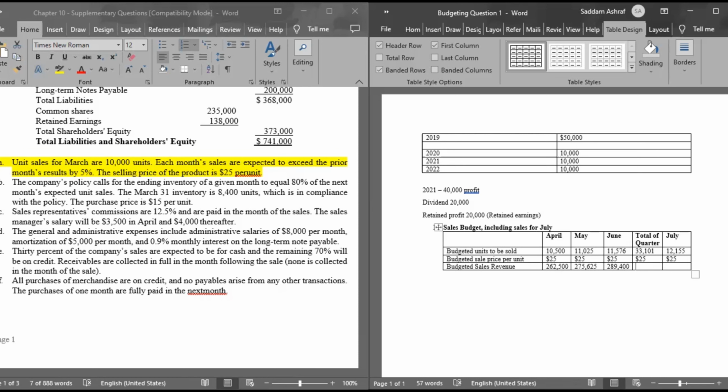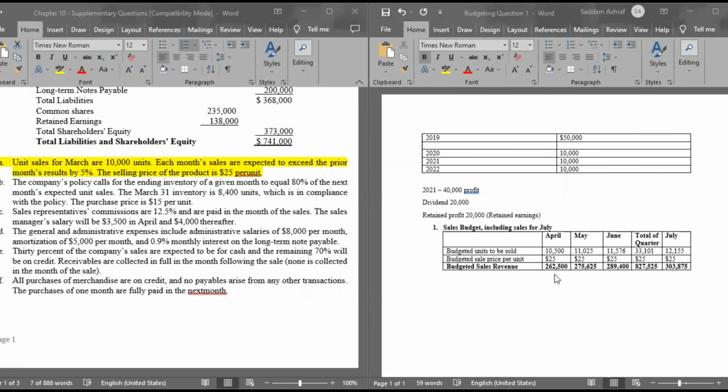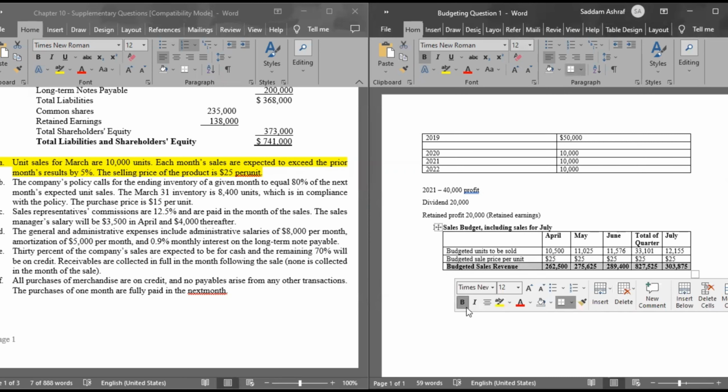Okay, next is the total of all of what we just did. Yes, exactly. So this is our sales budget, from which we have calculated how much our budgeted sales revenue will be in the next quarter, quarter 2, from April to June.